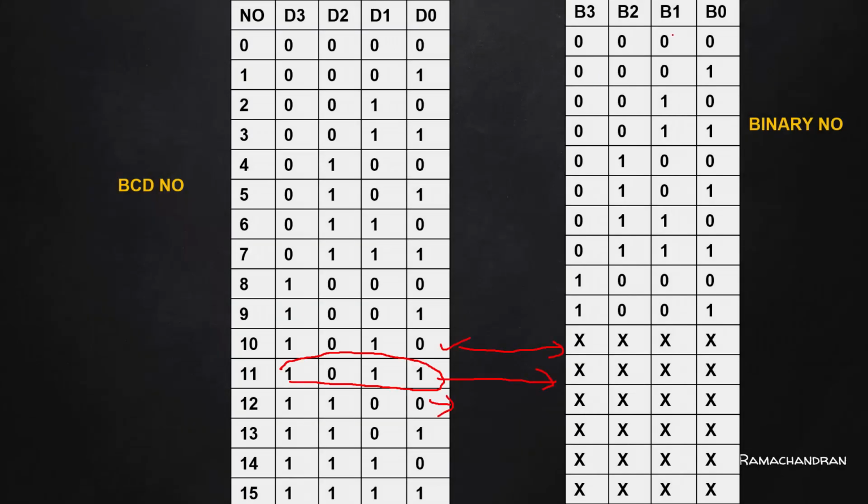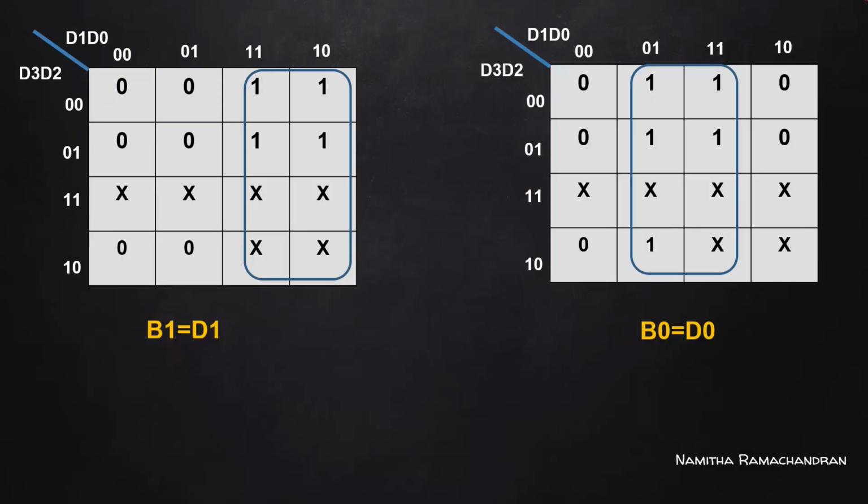Here we put all these values properly in the K-map, and while simplifying, we get B1 as D1, which is common for these cells with value 1, so B1 is D1. Again for B0, this particular group is formed, and here D0 is common with value 1, so B0 is D0.